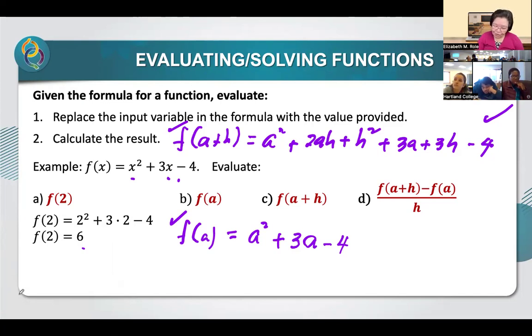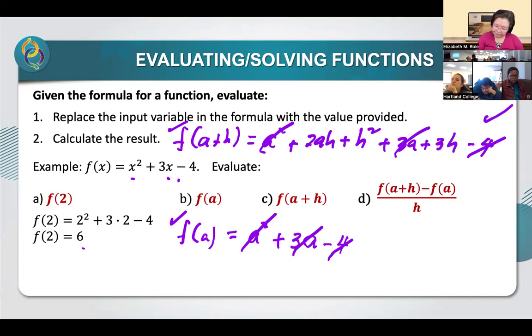So you notice that if I subtract, 3a will be out, and 4 and 4 will be out. So you now have h squared plus 2ah plus 3h over h.